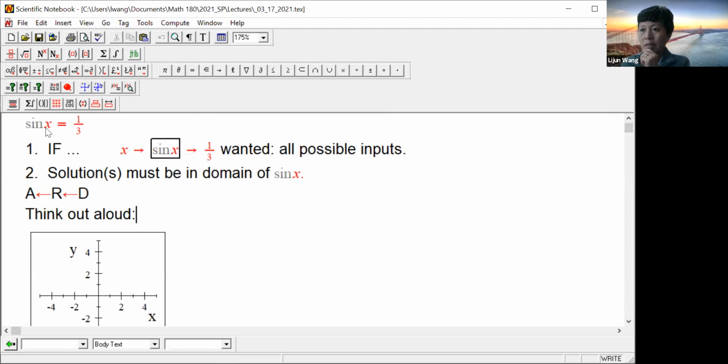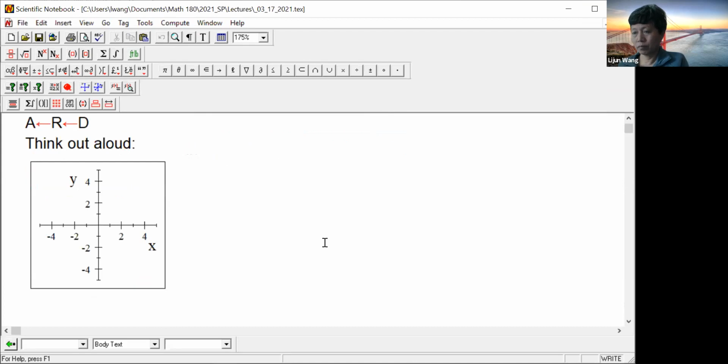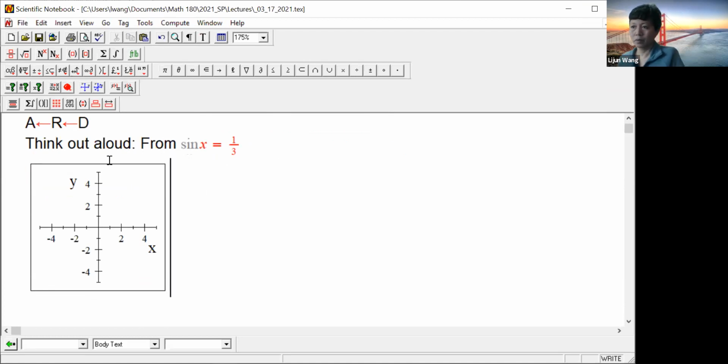From the if statement, I look at the ratio. The ratio is 1/3. It's in the range.